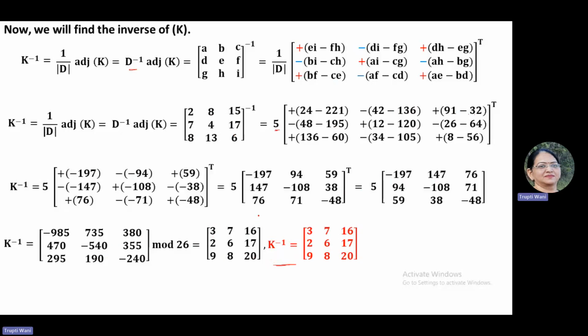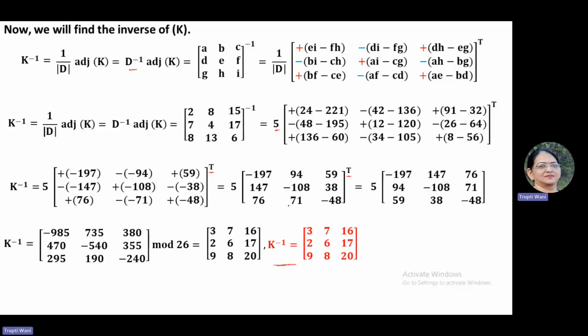Okay, so now see here, before the multiplication by 5, we make the transpose of this. So minus 1 in 97, then 94 comes here, 59 comes here. So take a transpose. Remember there is a transpose here. After multiplication also you can take a transpose, no problem.